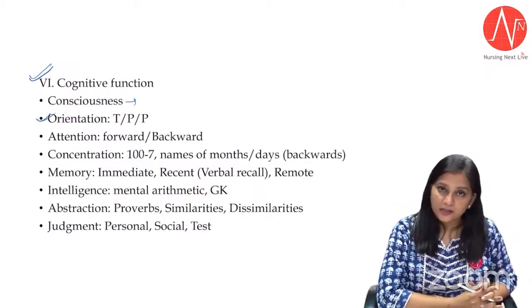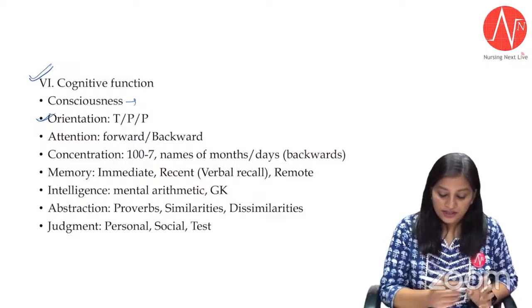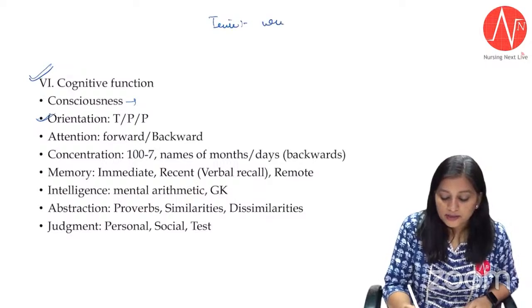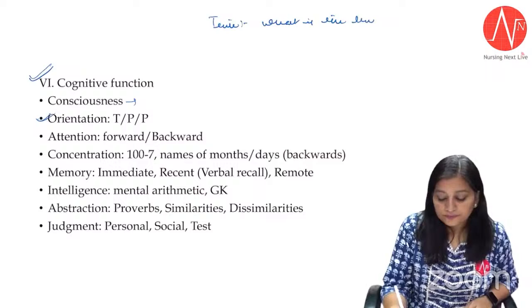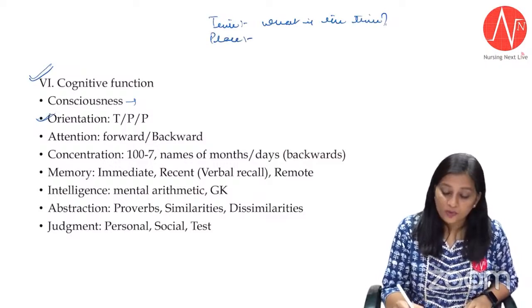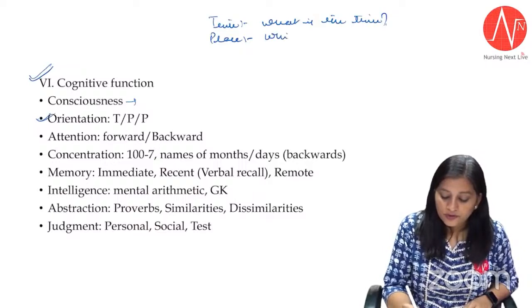For this, we need to ask questions. For checking the time, we ask, can you tell what is the time now? For place, do you know where you are right now? Which place is this?